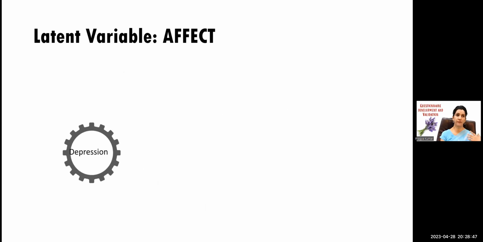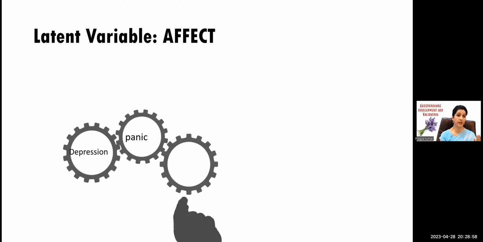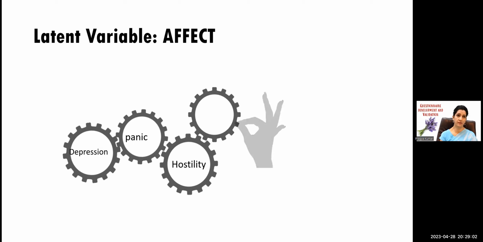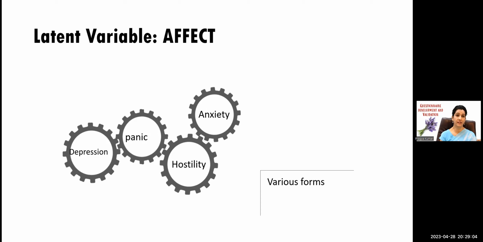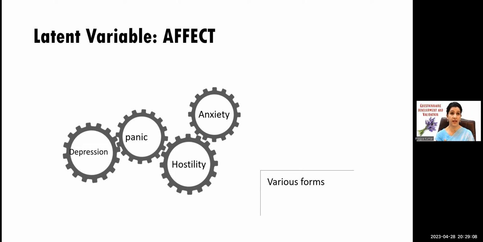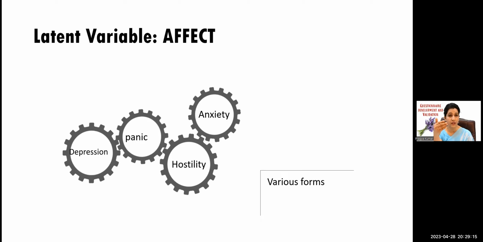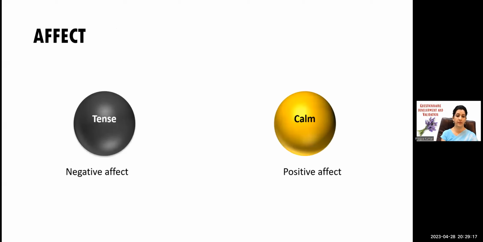So if the latent variable is affect, there can be various shades of the affect. Depression is one shade of affect. Then panic is another shade of affect. Then hostility is maybe again affect. Anxiety, again affect. So you can see, if I have to measure affect, then these are the various types of affect or the categories of affect which I need to measure.